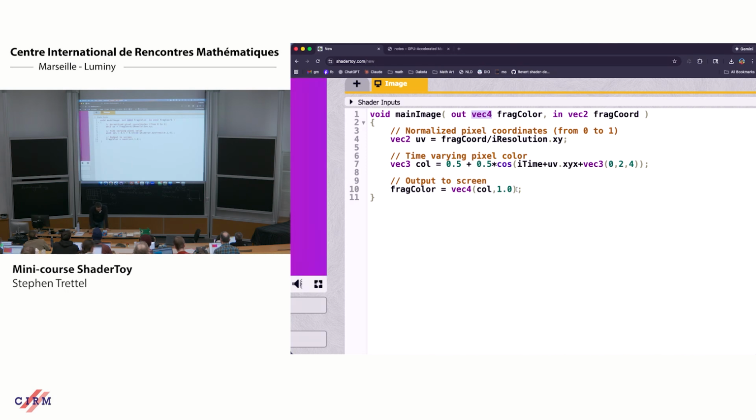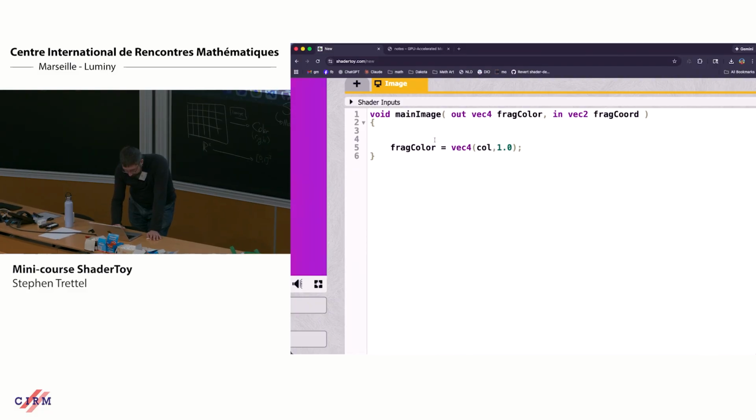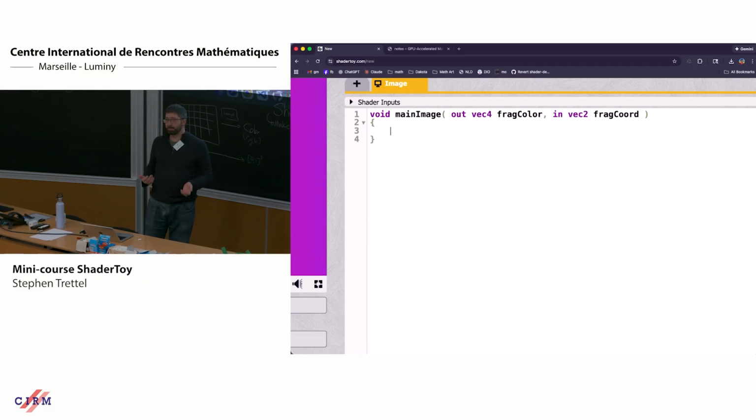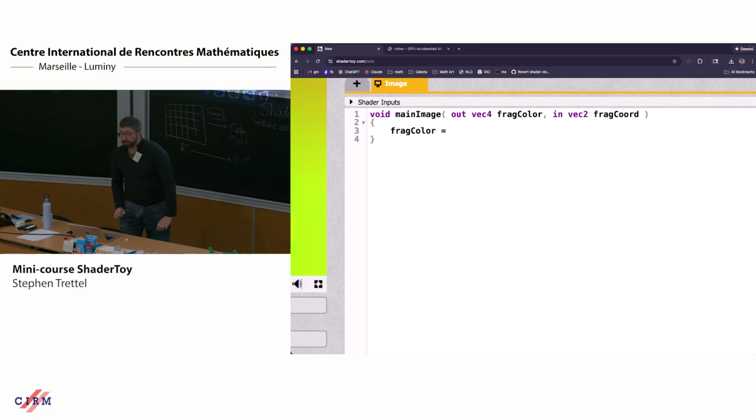And then inside of this function, you're allowed to do literally anything you want. So I'm going to delete whatever they wrote, and let's make an easy function. I do need to assign, at the end of the day, fragColor. That's the goal, is to tell the computer screen what color to be. So I got to write fragColor, and I'm going to make it equal to something.